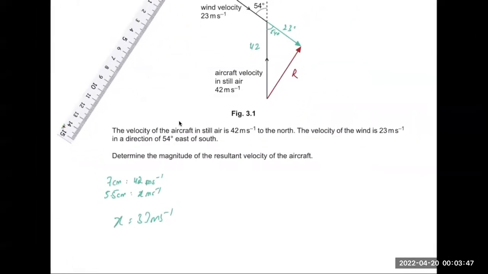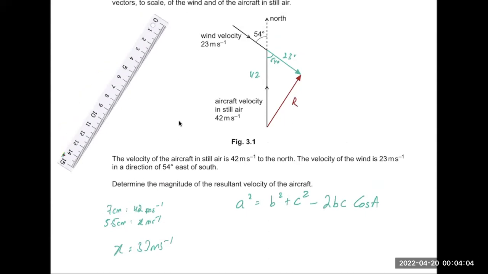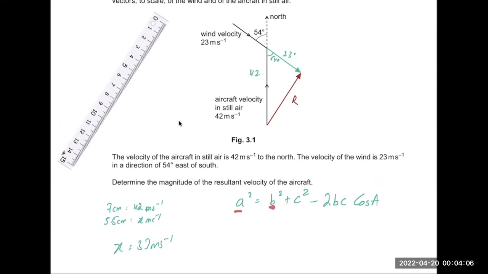The cosine law says a squared is equal to b squared plus c squared minus 2bc cos A. Now, these lowercase a, b, and c are the lengths, and this uppercase A is the angle. So a is this length, and this capital A is the angle in front of the length.